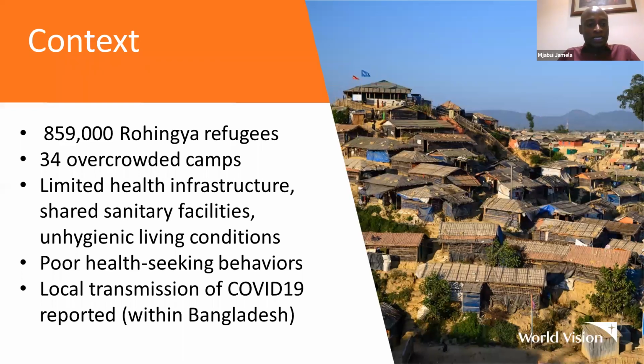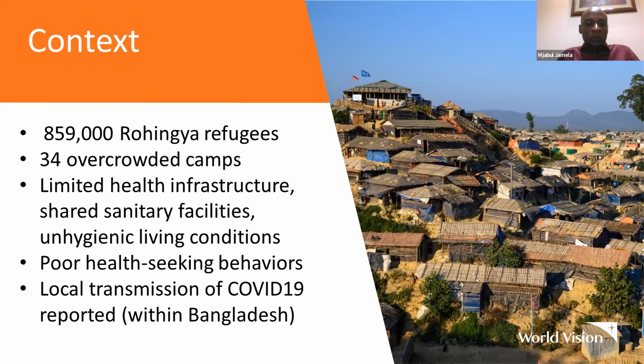And in those camps also, there is limited health infrastructure, shared sanitary facilities, unhygienic living conditions. Sometimes you see sewer flowing in the camps. General, I would say, poor health-seeking behaviors.